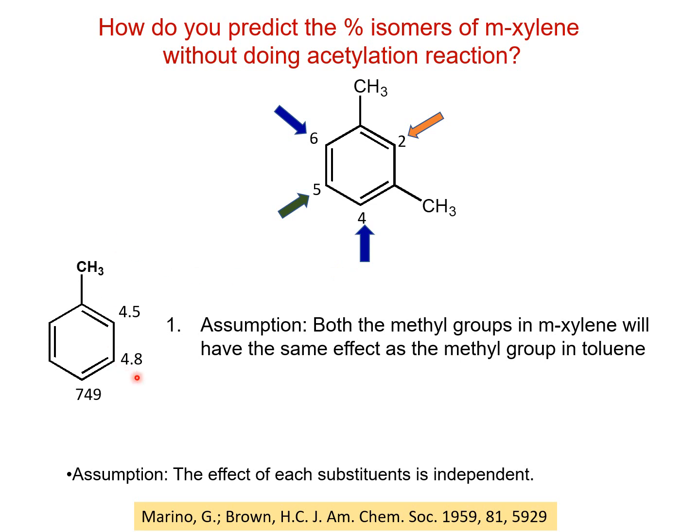While taking the help from the toluene acetylation data, one assumption was made: that both the methyl groups in metaxylene will have the same effect as the methyl group in toluene.